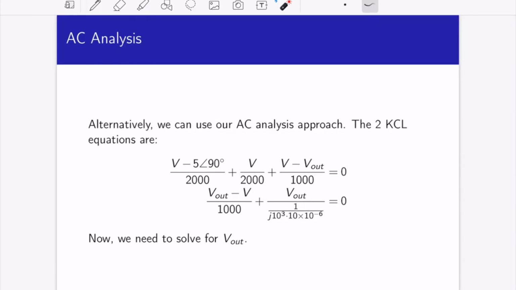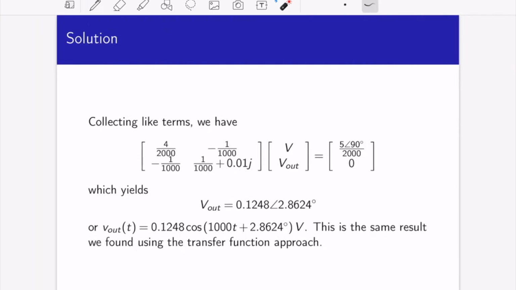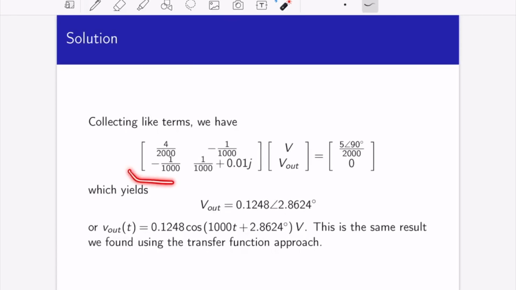If we wanted to use AC analysis, we could just take our two equations, substitute in the input as a phasor, substitute in j omega, and then solve for V out. Basically, we can write these two equations in matrix form, and we'll end up with this.